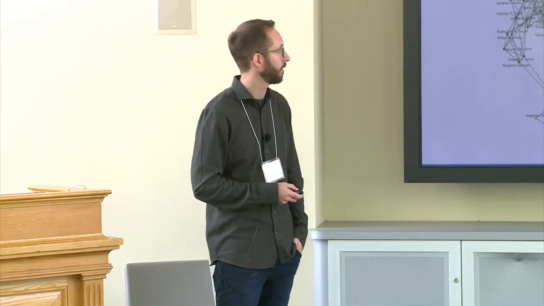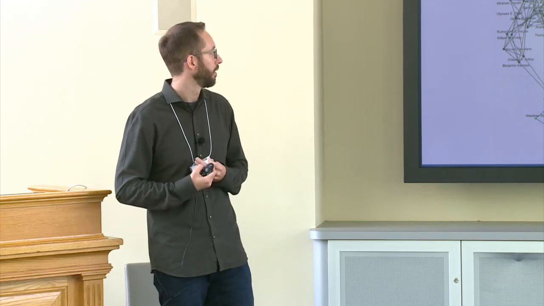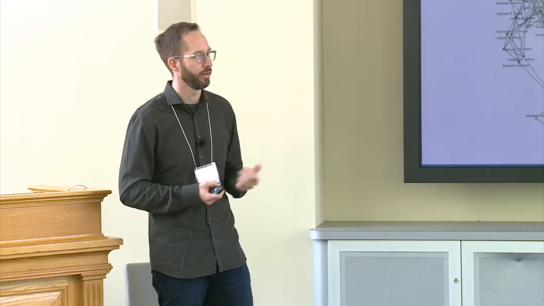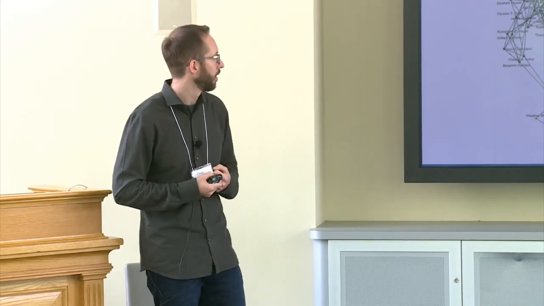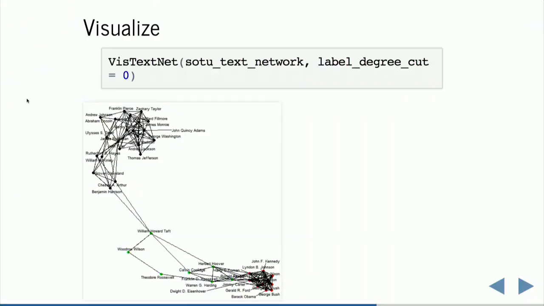So here, underneath the hood, visTextNet is using something called a disparity filter, which is what I mentioned earlier. We're simulating random networks, comparing the random network to our observed network, and keeping those ties that have not appeared purely according to chance. And that's localized for each node. There are other alternatives like k-core connectivity, but we found in recent testing this is working really nicely.